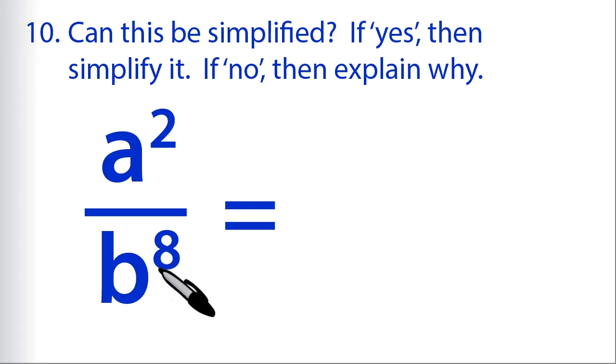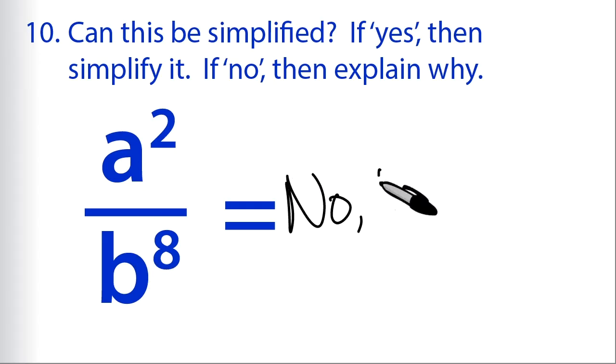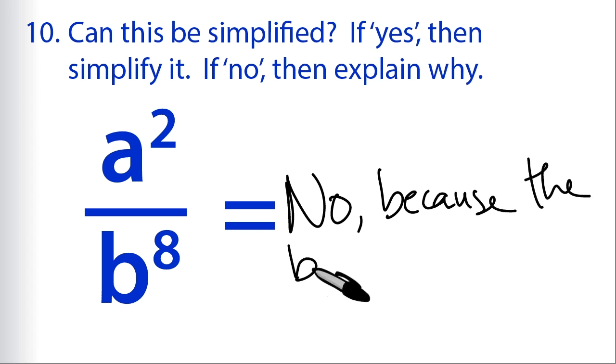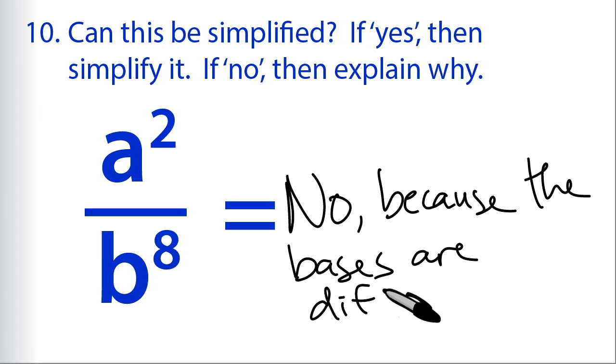And unfortunately, we can't, because we have different bases in this case. And we can only use the subtracting the exponent trick if the bases are the same. So the answer is no, because the bases are different.